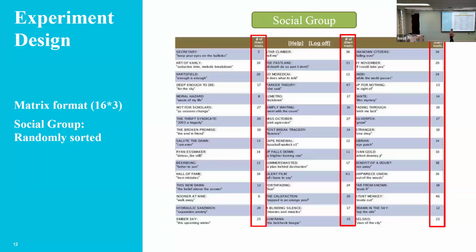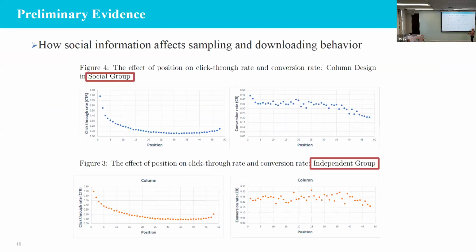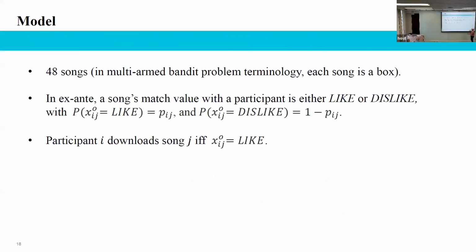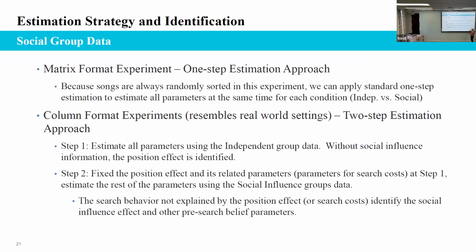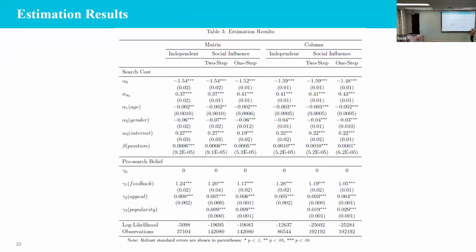The matrix format experiments in the social inference group display the probability information, but they also randomize the position of the songs. And so the matrix format by itself gives us a very nice setup to validate these two-step procedures versus the one-step approach.